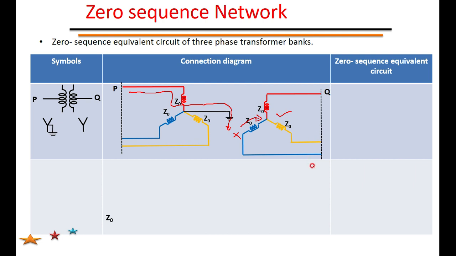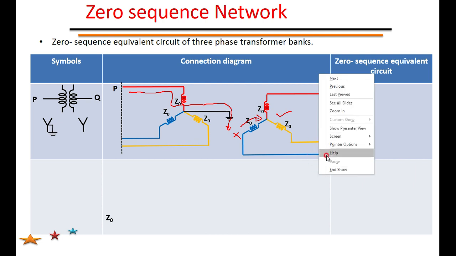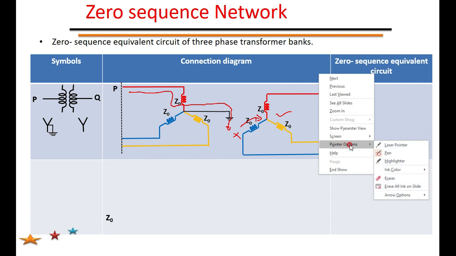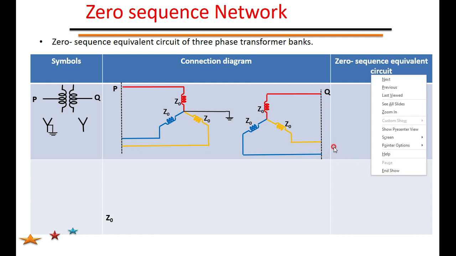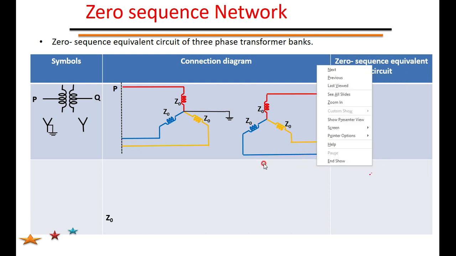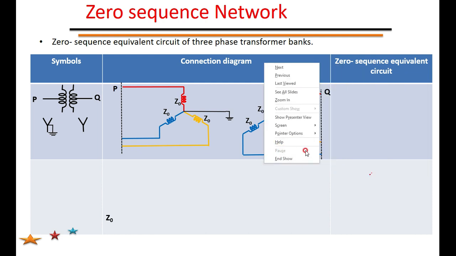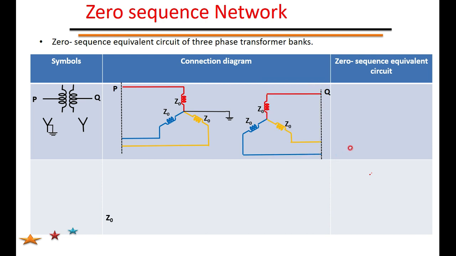Now you can see the diagram here. From P, the current is flowing here.